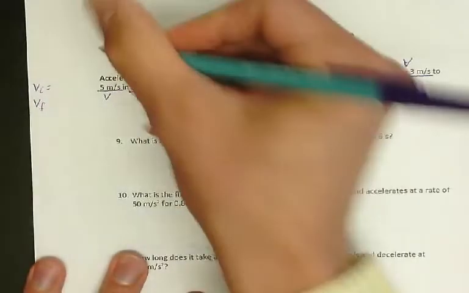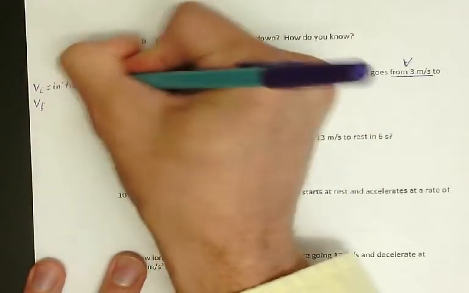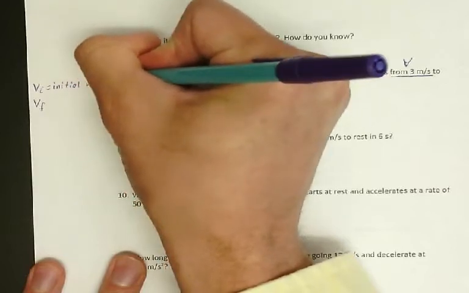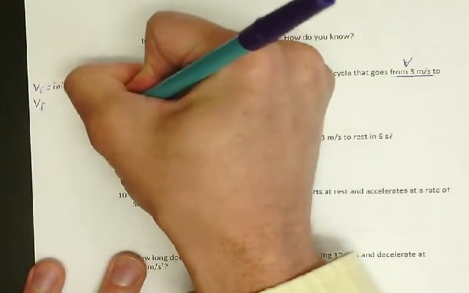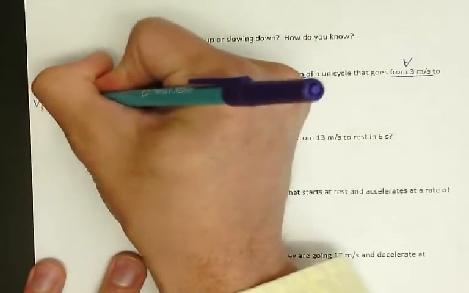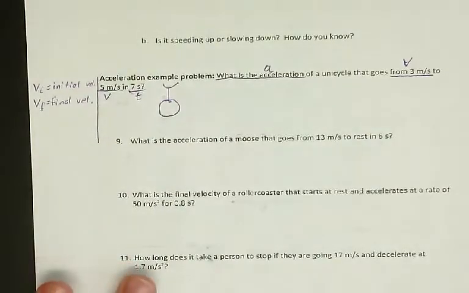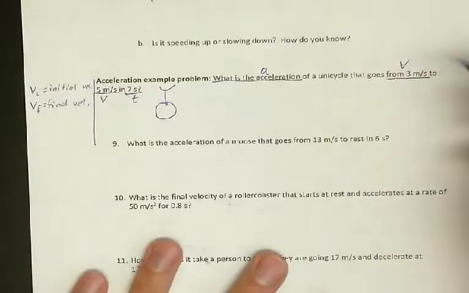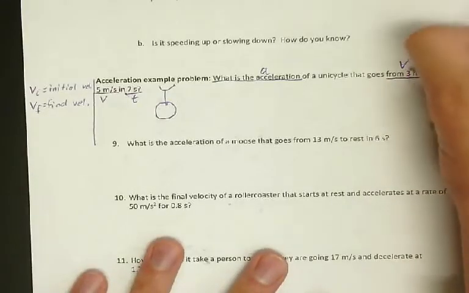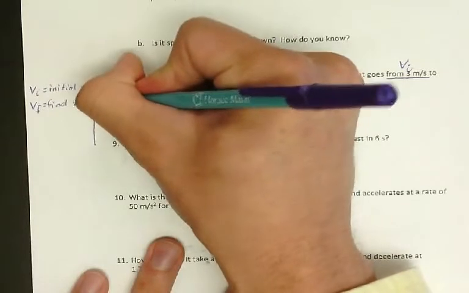VI is initial velocity, and VF is final velocity. So that's how I tell my velocities apart. So it said he went from 3, that's VI, what I started at, to 5, which is VF, what I ended with.